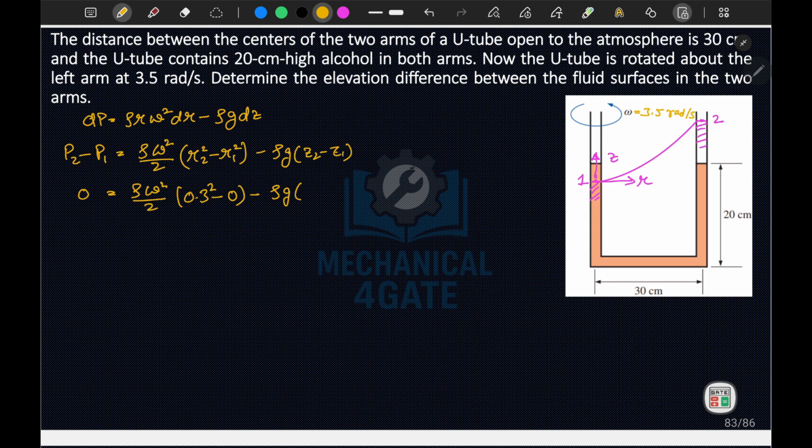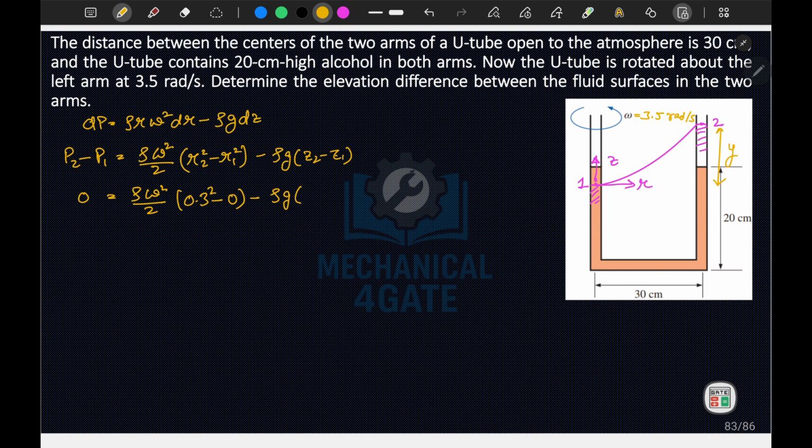Let's say this to be your y. So if we solve this, rho times omega square, which is 3.5 square, divided by 2, times 0.3 square, is equal to rho times g times y. We have to calculate y from here.